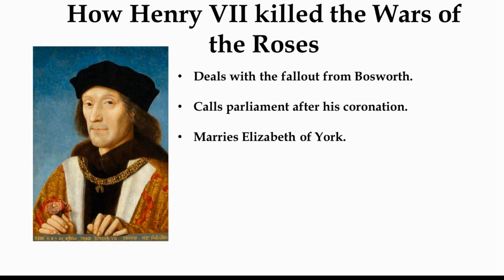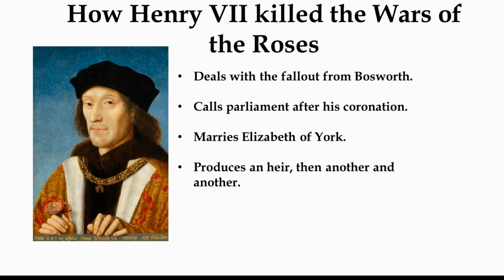It's a very long stretch for Henry, but by marrying Elizabeth of York, who is the daughter of a King of England, his claim becomes so much more palatable, so much more reasonable. And as well, by marrying a Yorkist, he is bringing on side lots and lots of Yorkists who otherwise would have been opposed to him as a Lancastrian.